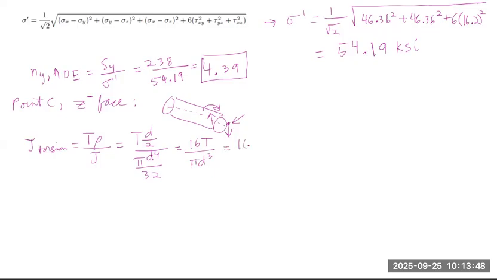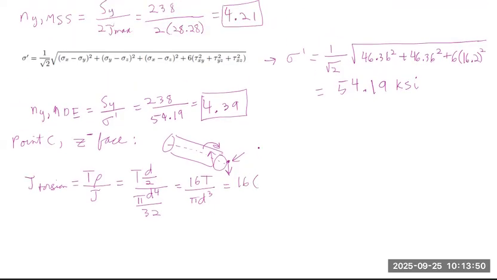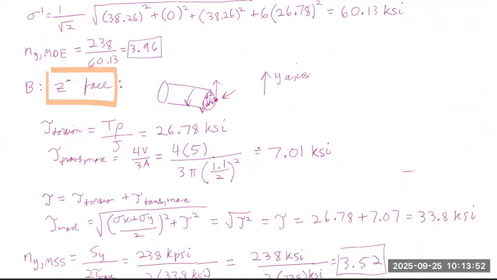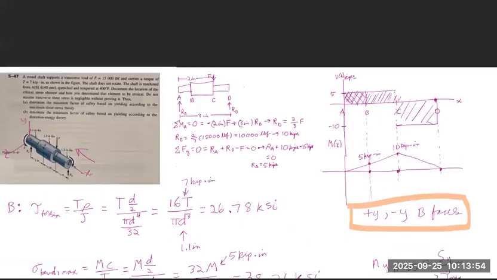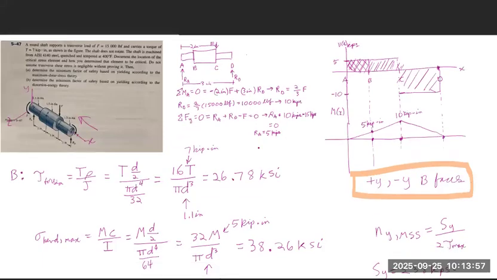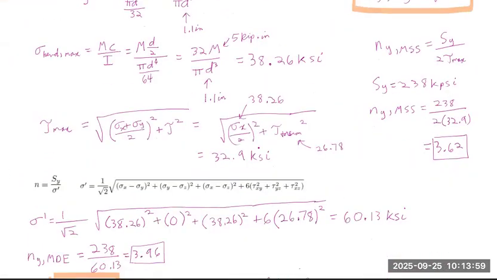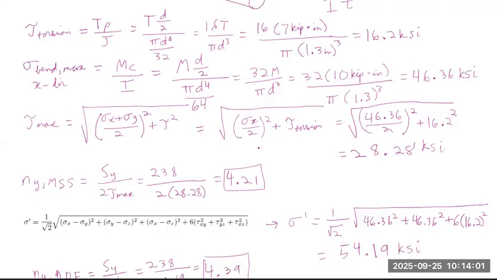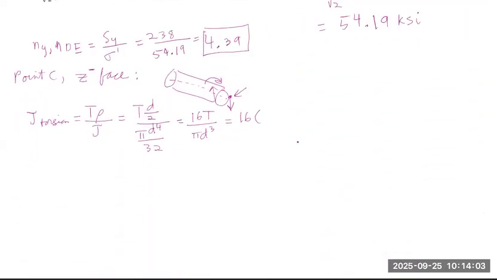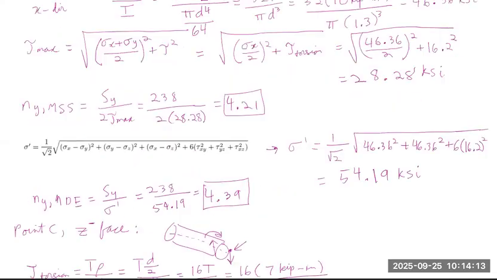We have thus 16 times the value for the torque, which is equal to 7 kip inch, divided by pi times d to the power of 3.